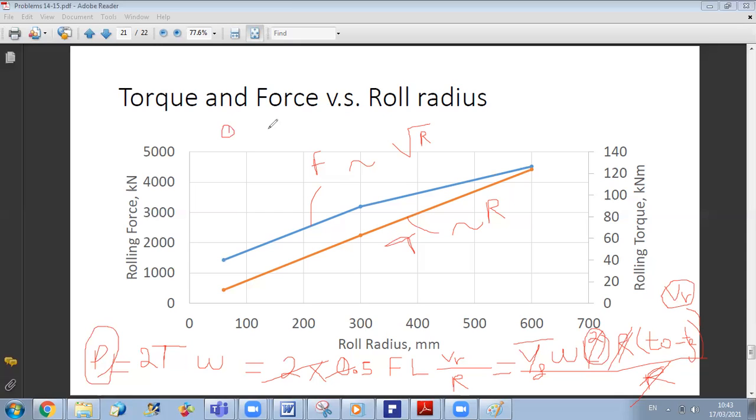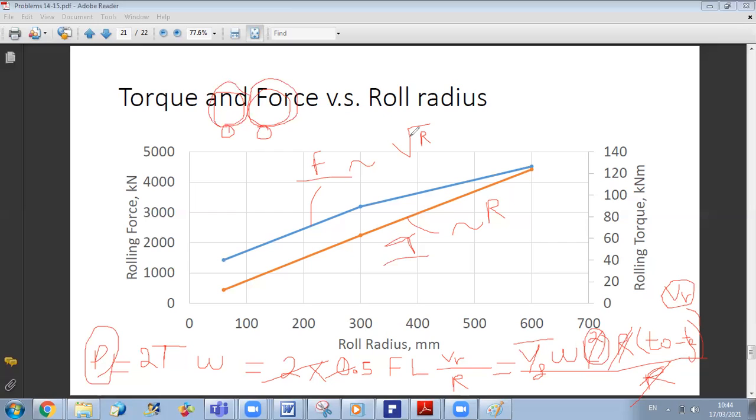For example, the cluster type is using small rolls that are supported by big rolls. The small rolls have a good effect since they can produce the same power but with a lower force and torque acting on them. And we put backup rolls of higher diameter in order to avoid bending.